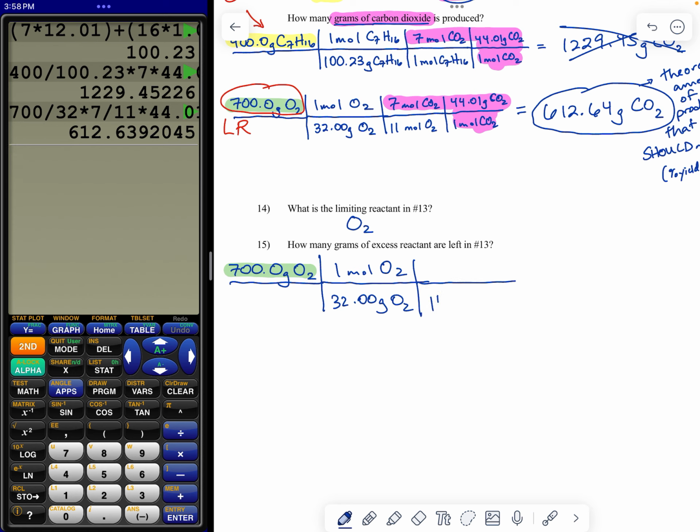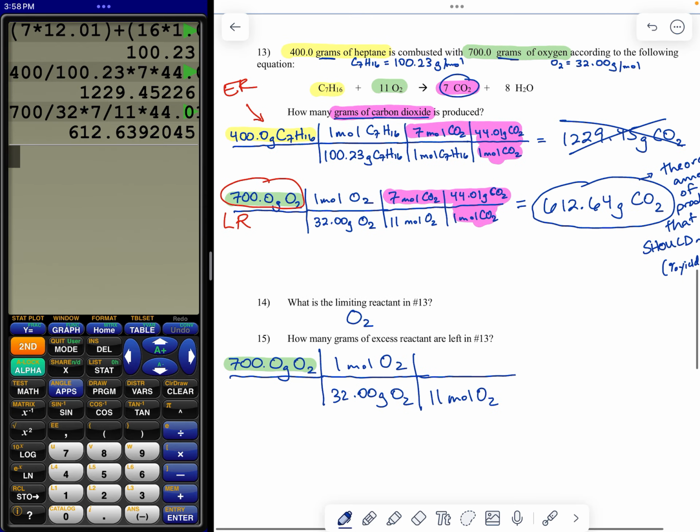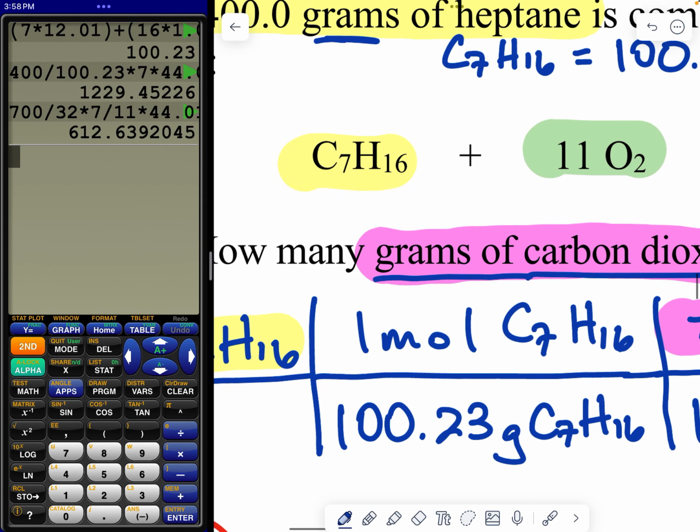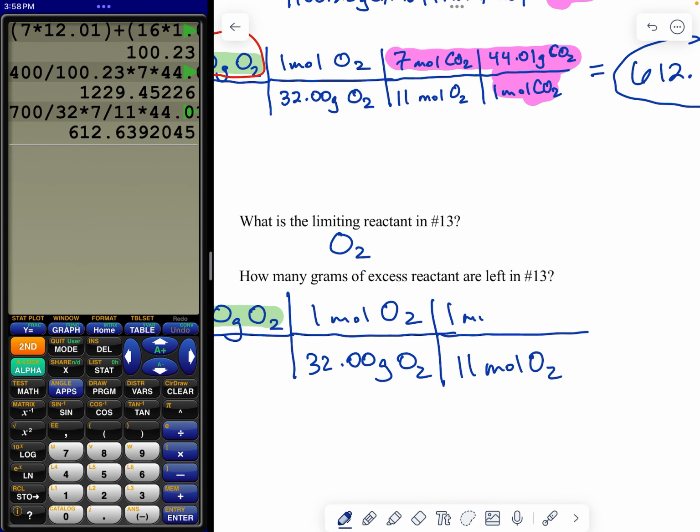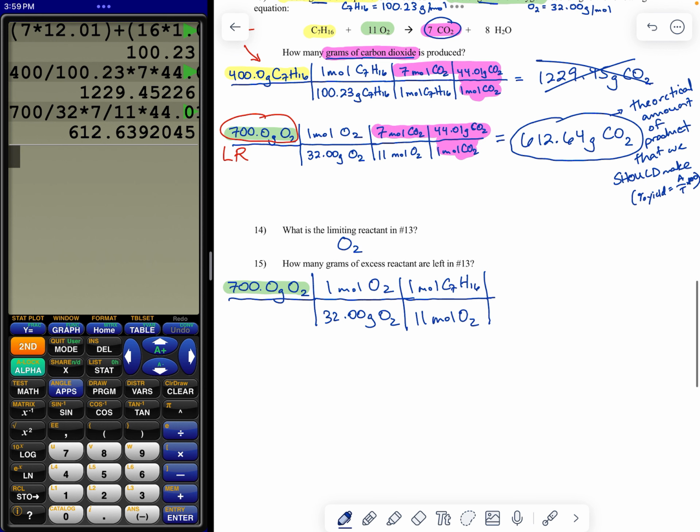In this case, it's 11 moles of O2 for every, remember, mole to mole ratio, we're talking about the two reactants here. It's 11 to 1, right? 1 mole of heptane, C7H16. And my last step, because I want mass, would be converting moles of heptane to mass of heptane, which we had as 100.23 grams of C7H16.